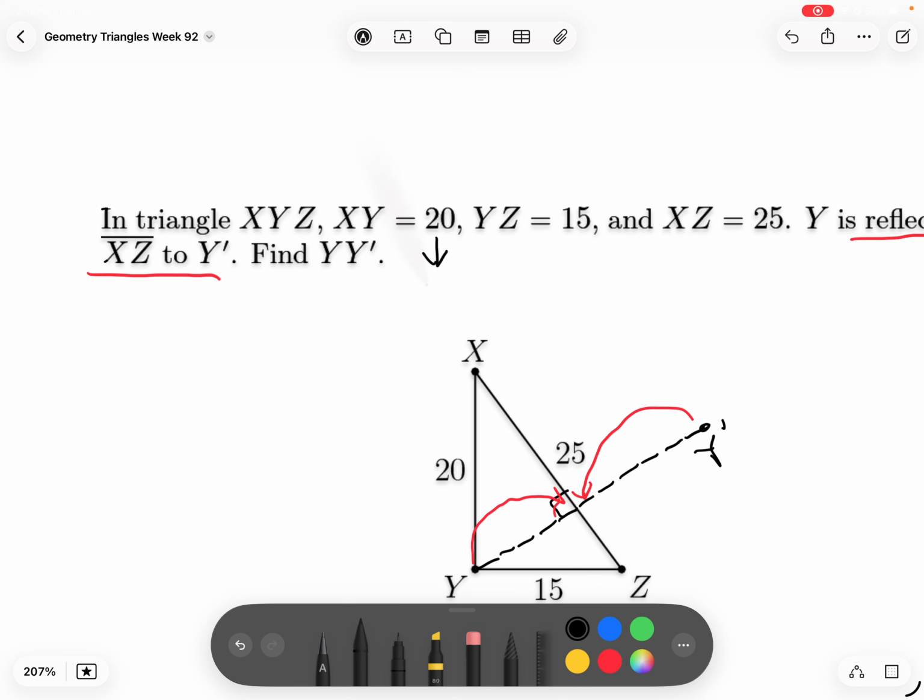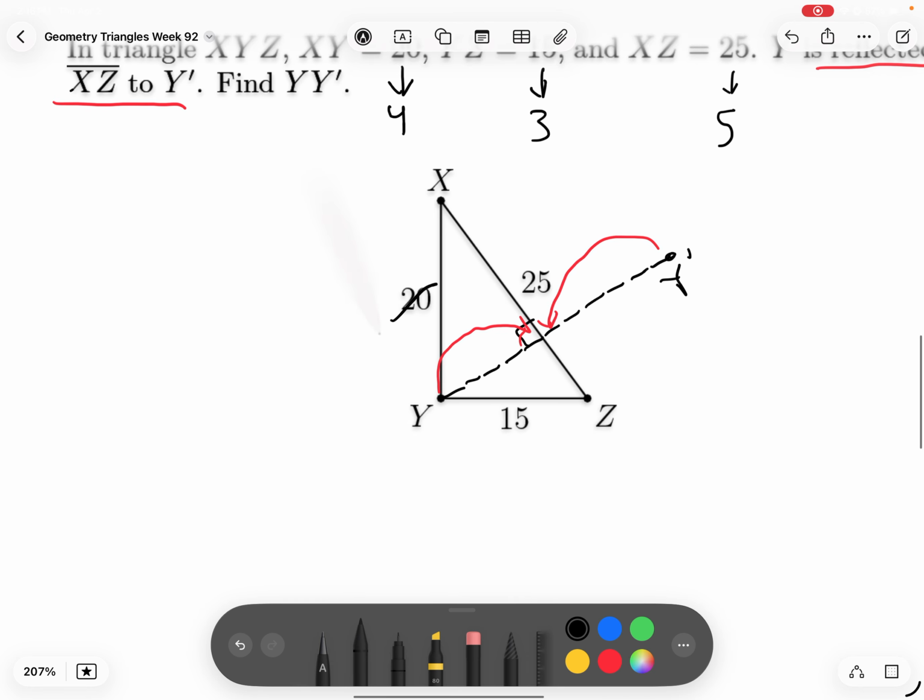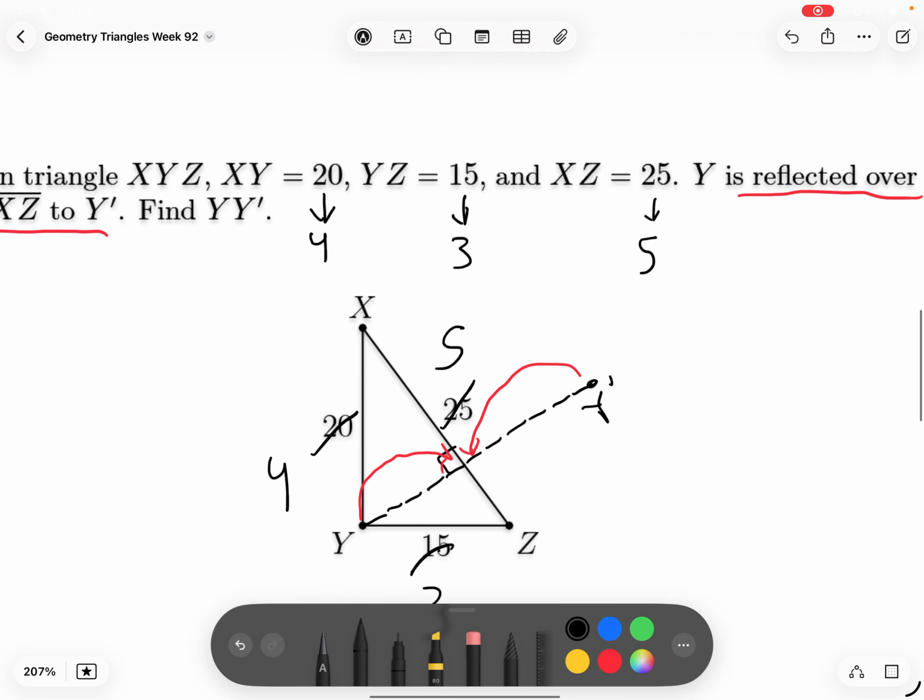So XY is 4, YZ equals 3, and XZ equals 5. So we have 3, 4, 5, and that, as you might know, is a 3, 4, 5 right triangle. But we don't need to use this fact.